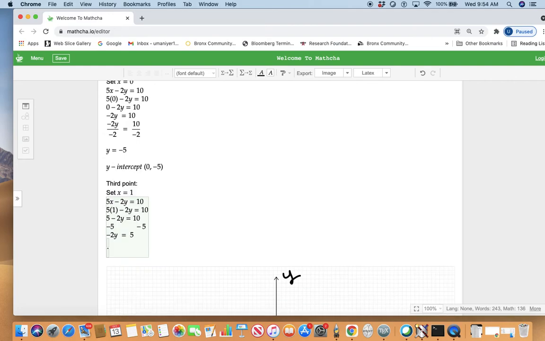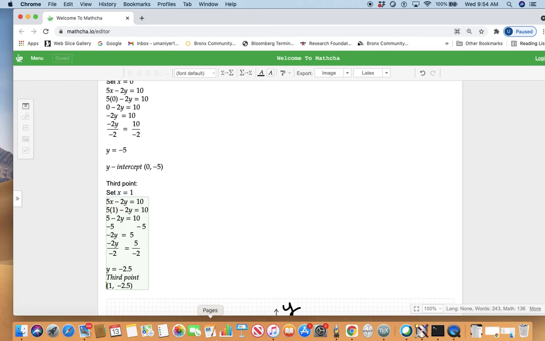Divide both sides by negative 2. These two cancel. Y is negative 5 over 2, which is 2.5. So you have your third point, x coordinate 1, y coordinate -2.5.